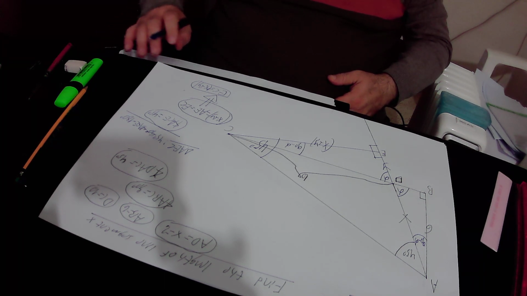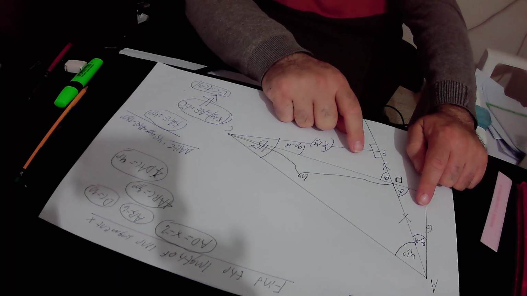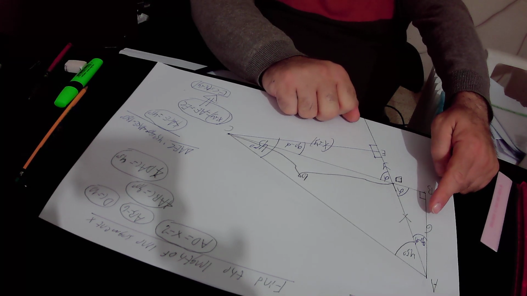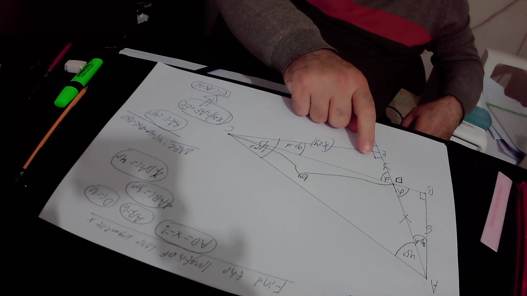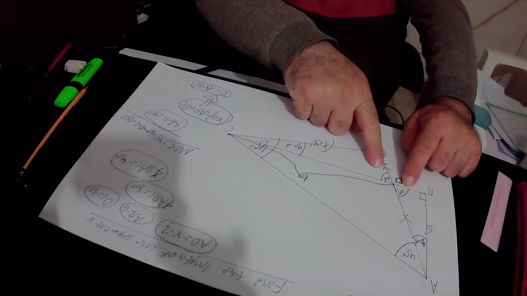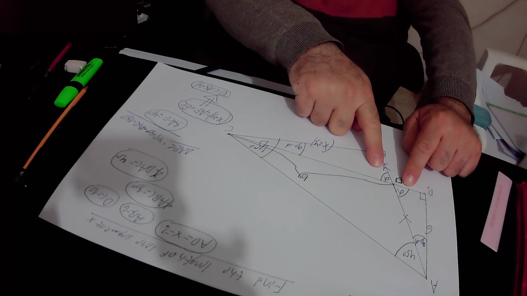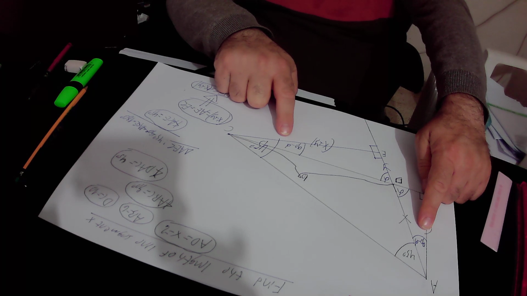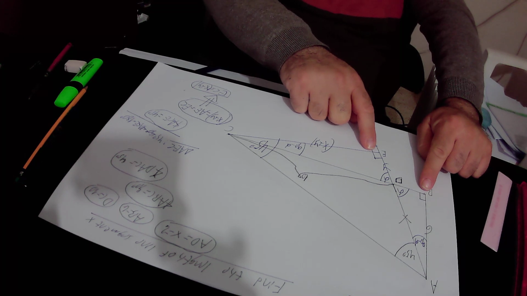So actually we proved that those two right triangles are similar to each other. Why? Because all the angles in triangle ABD are congruent to all the angles in triangle DEC. Those two angles are equal to alpha, those two angles are equal to 90 degrees minus alpha, and those two angles are equal to 90 degrees.